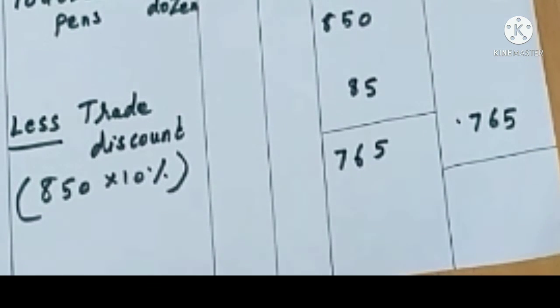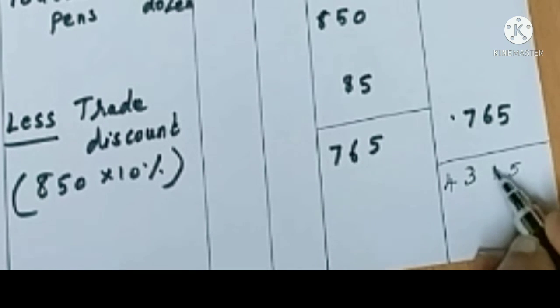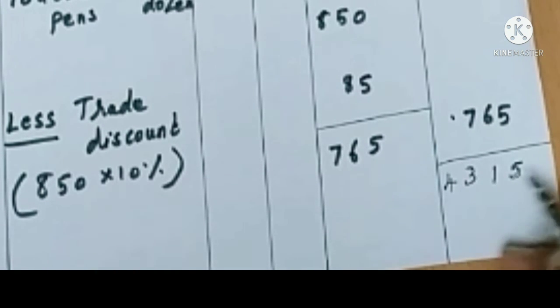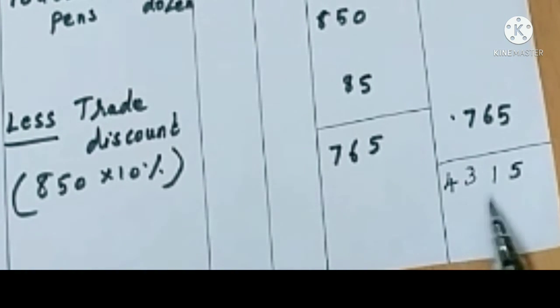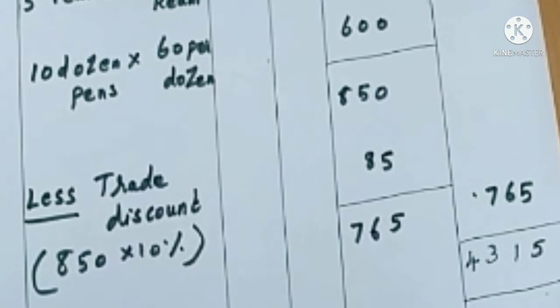We get rupees 4,315. This is the total purchases made. That is total credit purchases made.